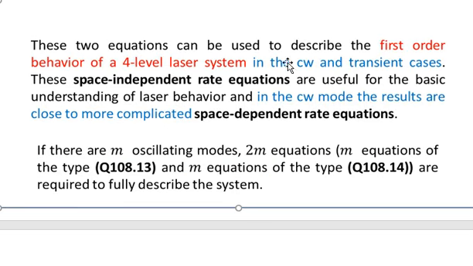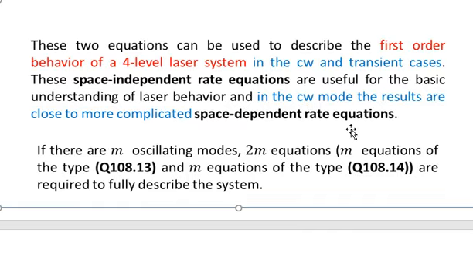These two equations can be used to describe the first order behavior of a 4-level laser system in the continuous wave and transient cases. These space-independent rate equations are useful for the basic understanding of laser behavior, and in the continuous mode, the results are close to more complicated space-dependent rate equations.